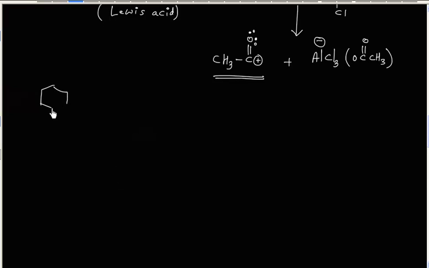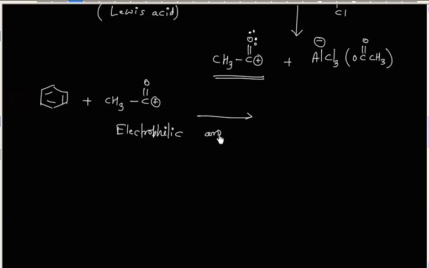This will react with benzene ring, and this is simply Friedel-Crafts acylation. So this is electrophilic aromatic substitution. So we have to replace one hydrogen with CH3CO group.